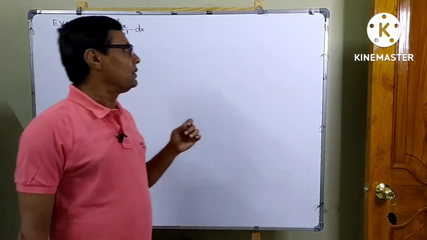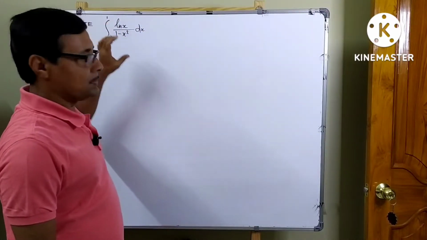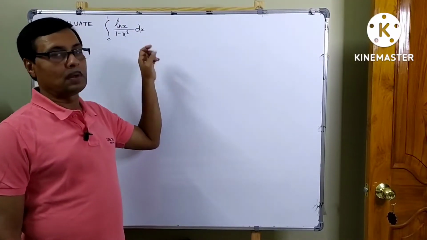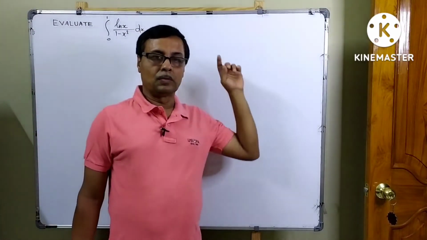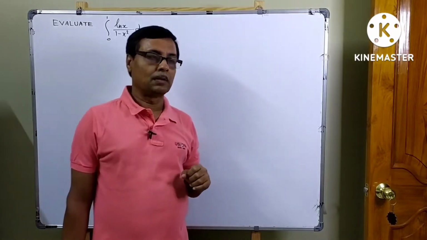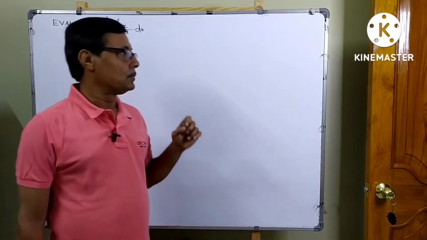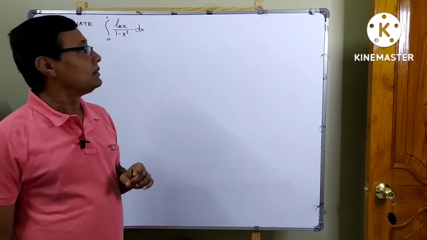So, we can use the series expansion of the function 1 over 1 minus x square for the evaluation of this integral. This is the only way to evaluate this integral.